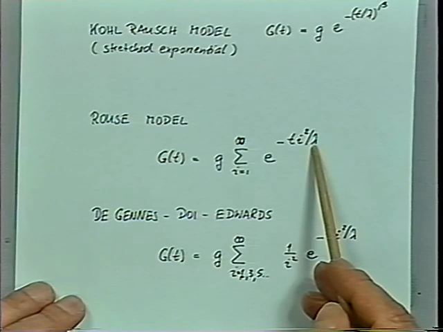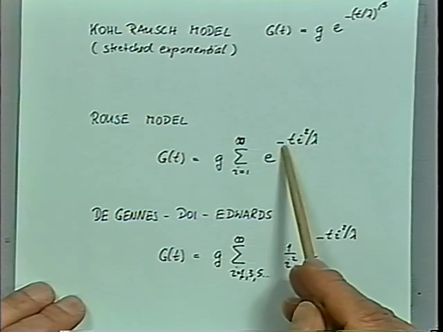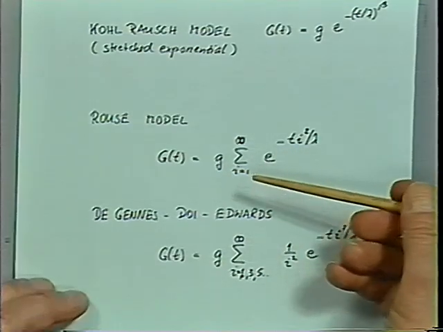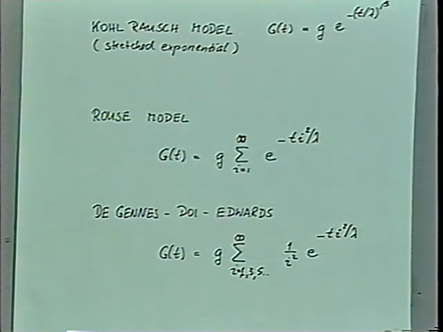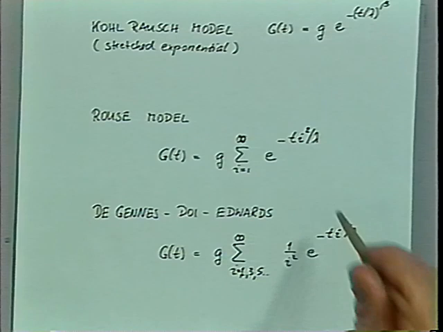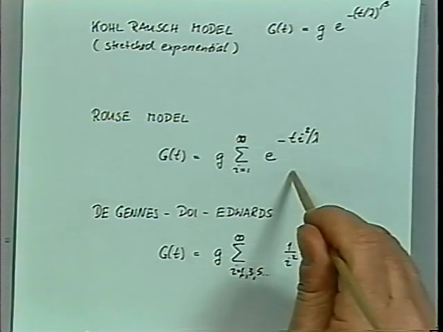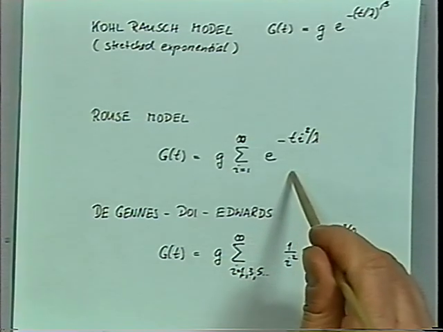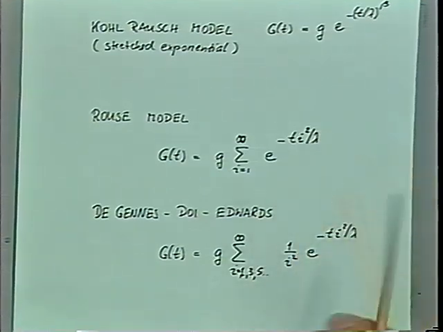If you change lambda, you're changing your time scale, you're shifting your spectrum sideways. But the shape of the Rouse spectrum is prescribed. You cannot change the shape by changing the parameters. So we can compare the shape of the Rouse model with the shape of our experimental data set and see whether there's any chance of fitting that.